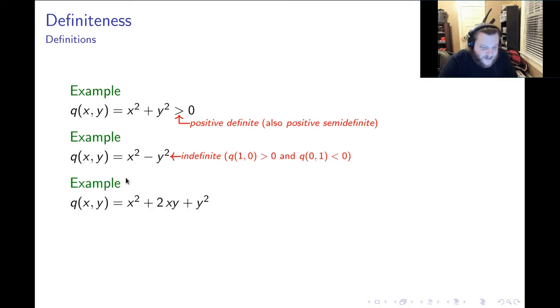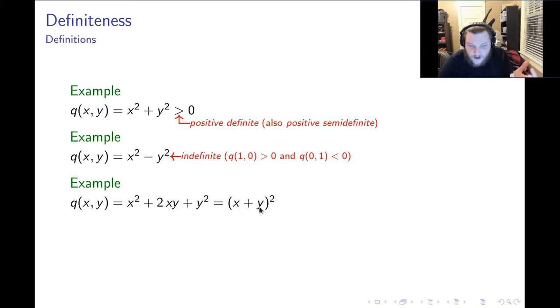Here's another example: q of x, y equals x squared plus 2xy plus y squared. This one's a little more difficult to see, but if we stare hard enough, we might realize that this factors as the quantity x plus y, squared.